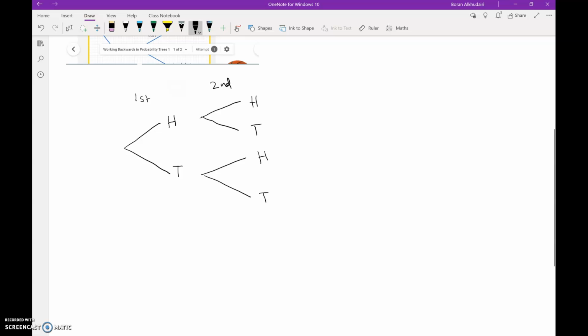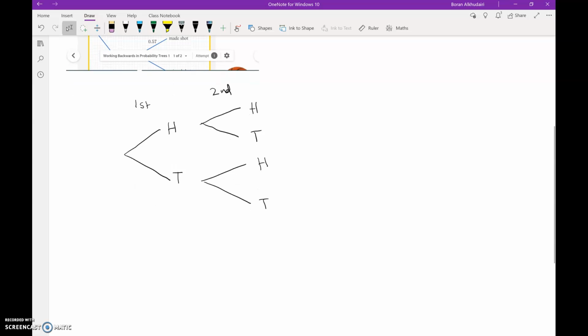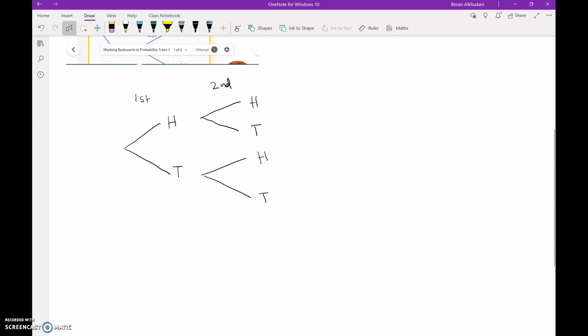You might have seen that probability trees might have had percentages and not decimals. For me, 100% of the time, I use decimals, or fractions. I don't use percentages in a probability tree, and I urge you not to. But we know probabilities can be given in percentages or decimals or fractions.